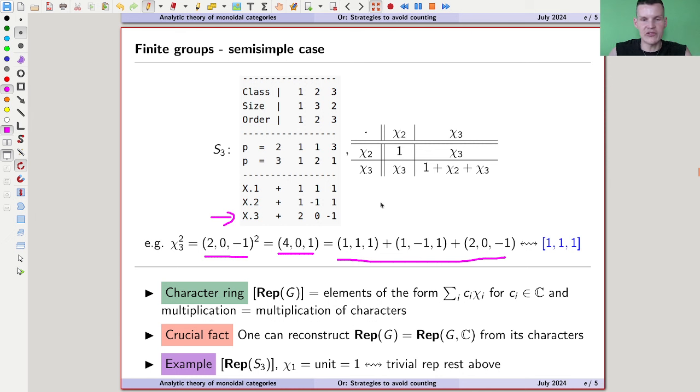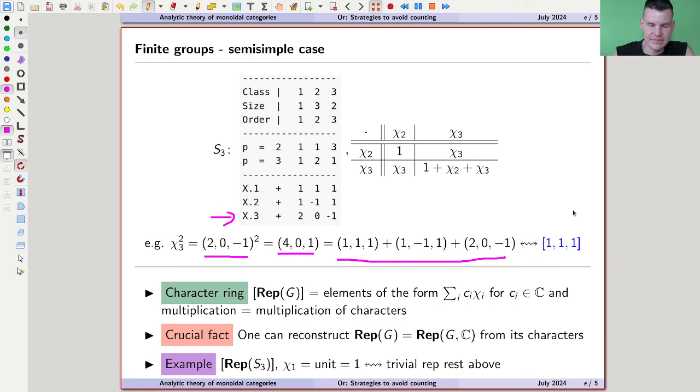So you get a decomposition into the first, the second, and the third. And then we count the total number of those. And I just encode this as 1, 1, 1. First appears once, second appears once, third appears once. And then this makes sense. It's just how the characters work.